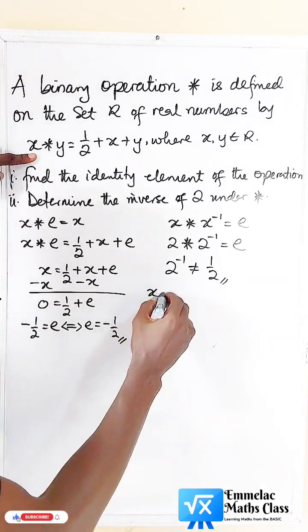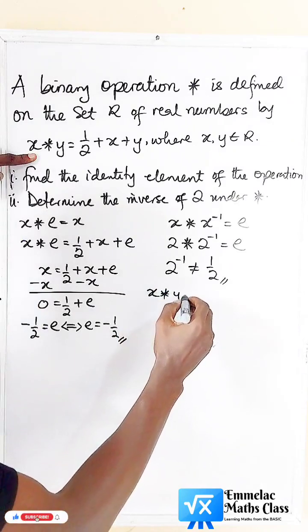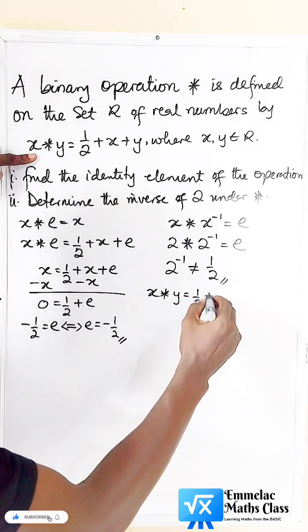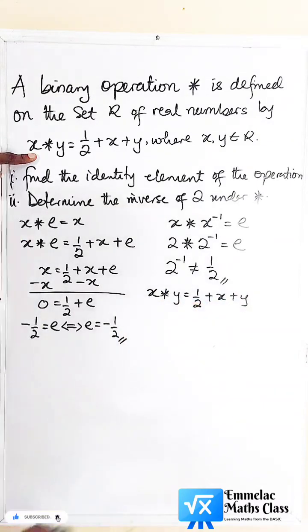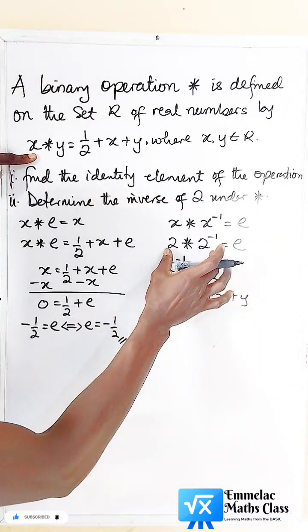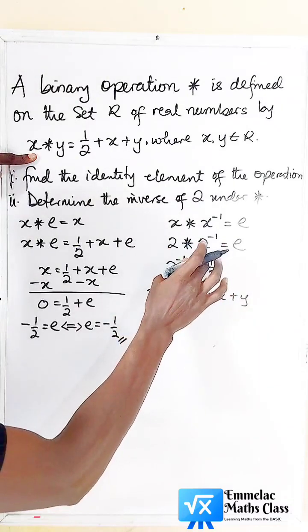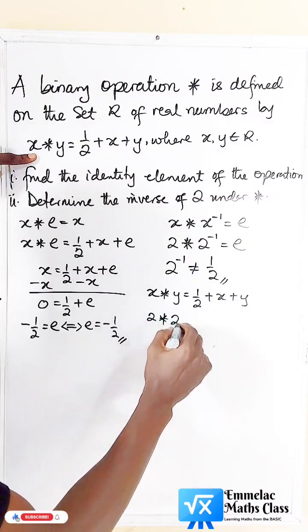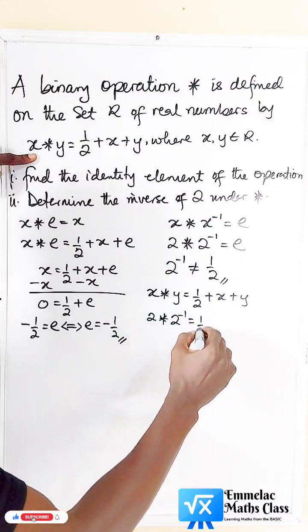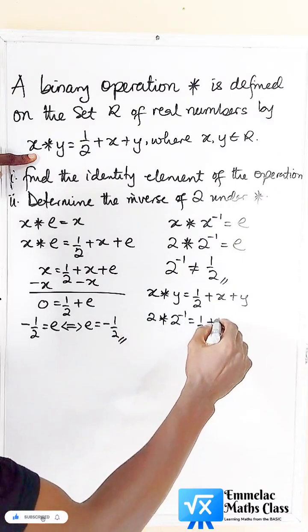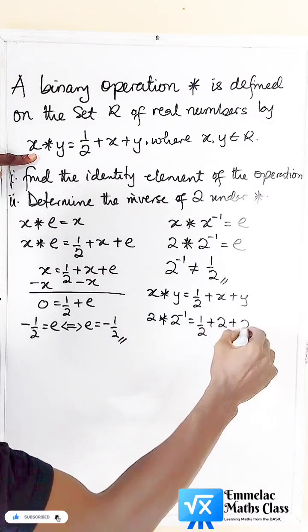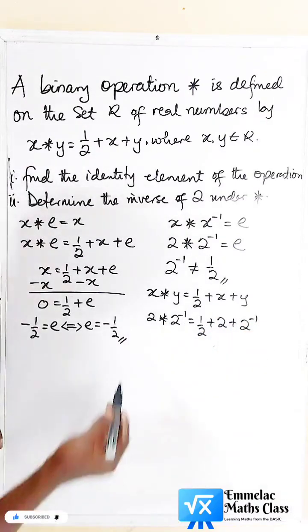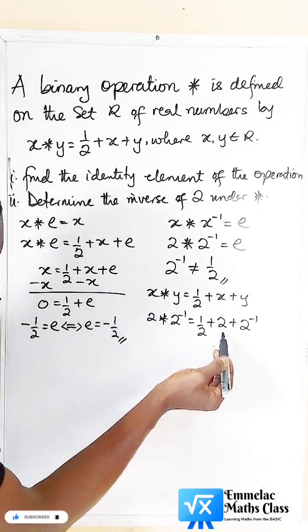Here we have x operation y equals 1 all over 2 plus x plus y. Now here we have 2 operation the inverse of 2, which will also give us 1 all over 2 plus 2 plus the inverse of 2. You can see that x here is 2, and that's why I write 2 here.